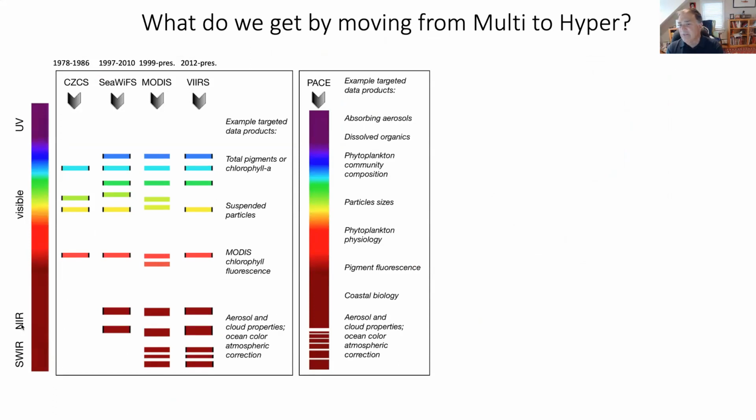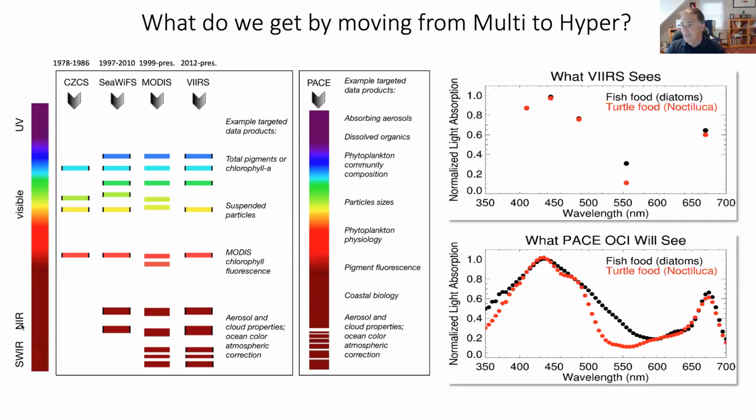We've never had good information about those from ocean color sensors. They're an important part of the atmospheric correction that we need. And there's so much more that we can understand about particle size distribution and fluorescence if we have these bands that are narrowly spaced and lots of them.